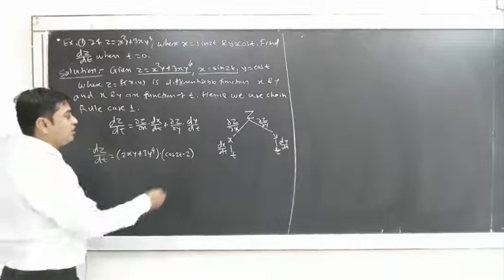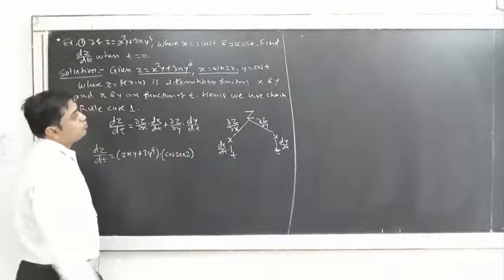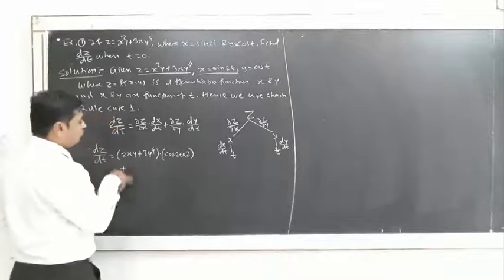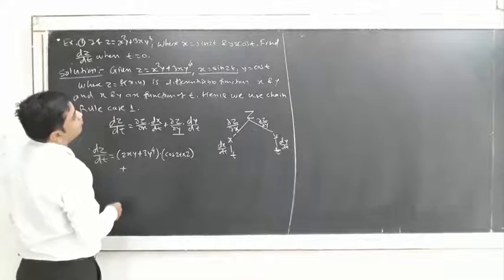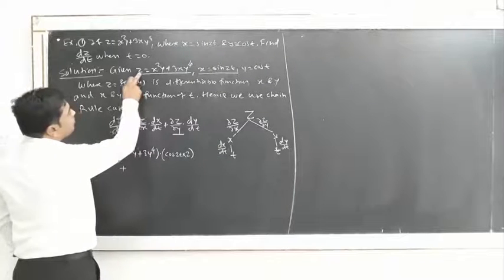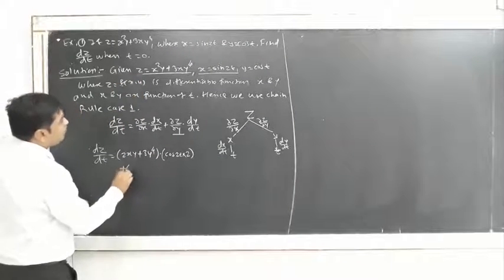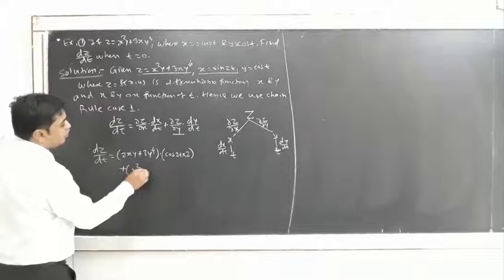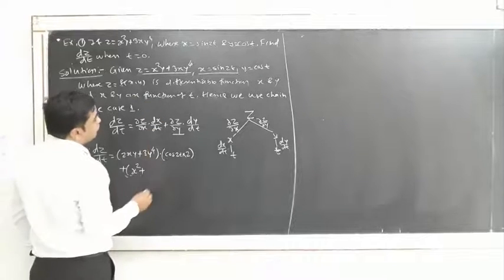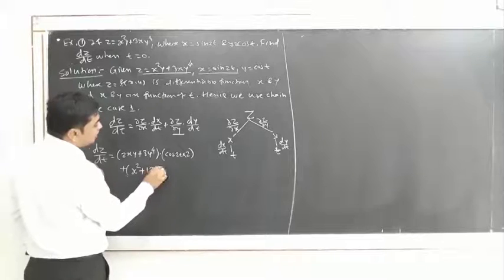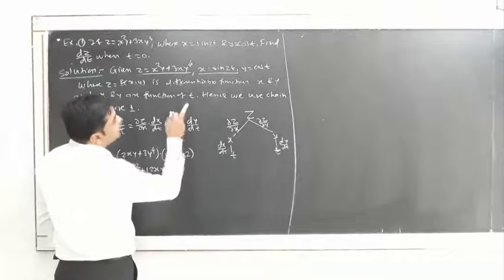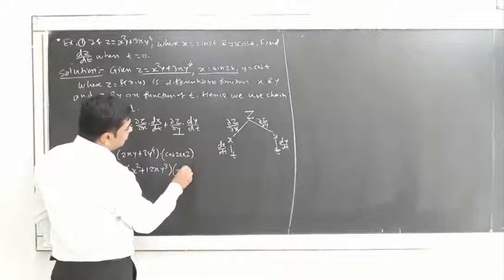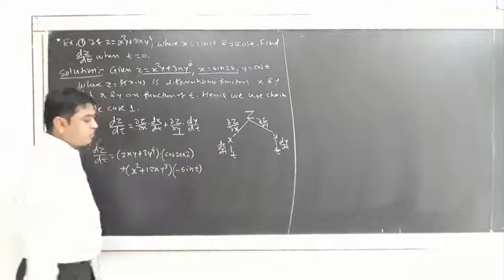Plus ∂z/∂y: differentiate with respect to y, that is x squared plus 4 times 3, 12xy raised to 3, times dy/dt. The derivative of cos t is minus sin t.